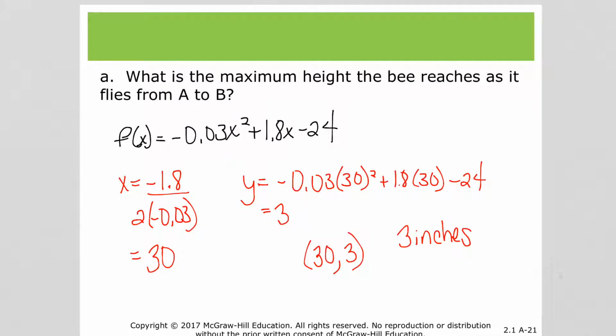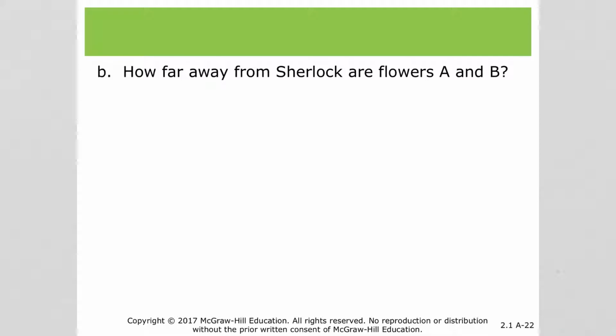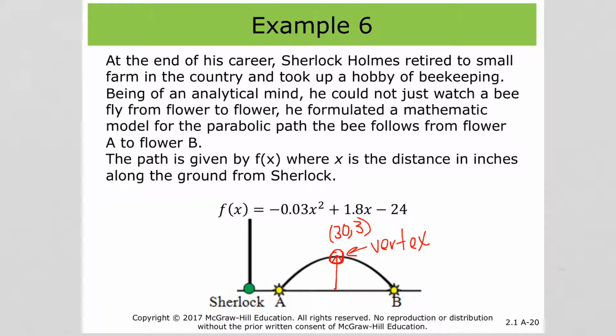The next question is, how far away from Sherlock are flowers A and B? Okay, if we go back to our picture, so this first distance will give us A, and then the distance from Sherlock to B is here. So what are those 2 points? Well, those are the 2 zeros where we cross the x-axis.